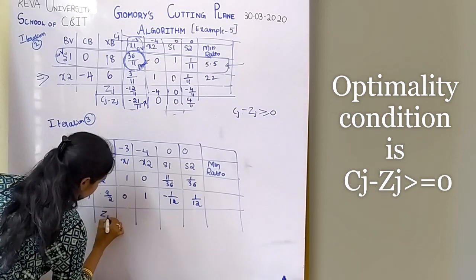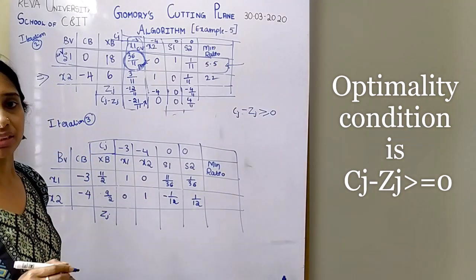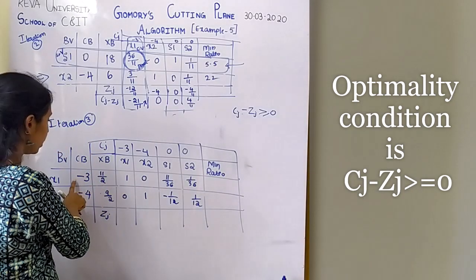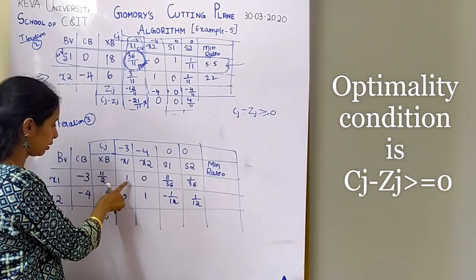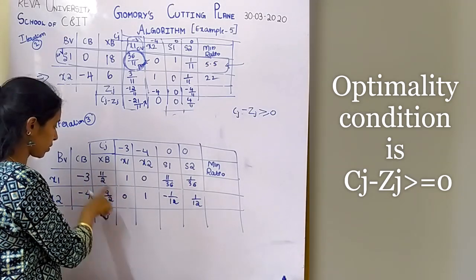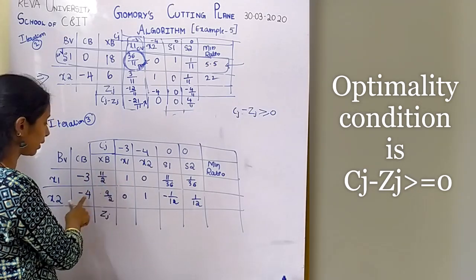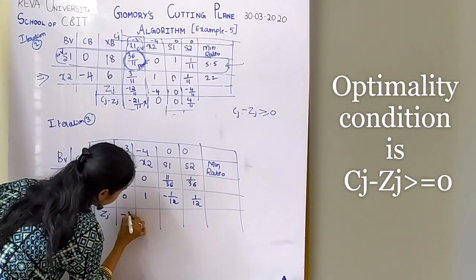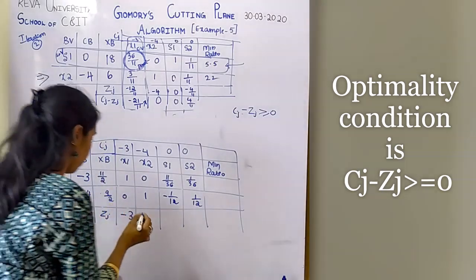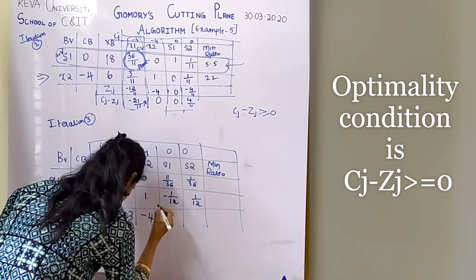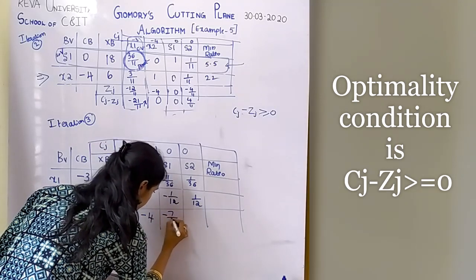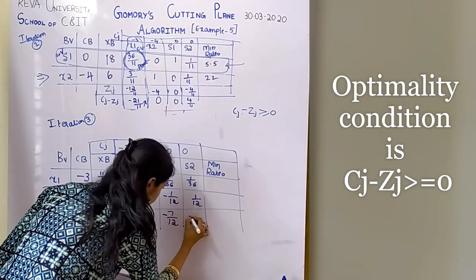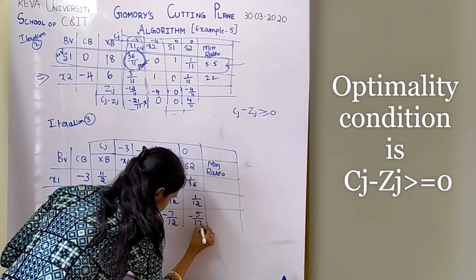So find out the Zj value. What is the Zj? Zj equals Cb into x1 plus minus 4 into 0. So minus 3 into 1 plus minus 4 into 0, you will get here minus 3. You will get here minus 4. Minus 7 by 12. Minus 5 by 12.